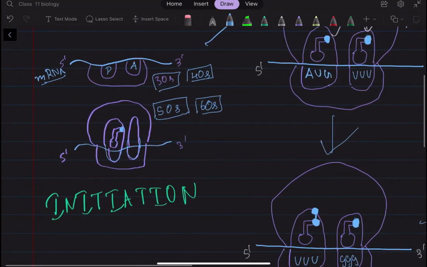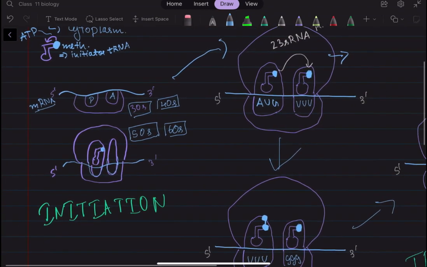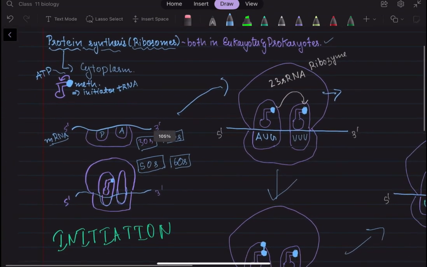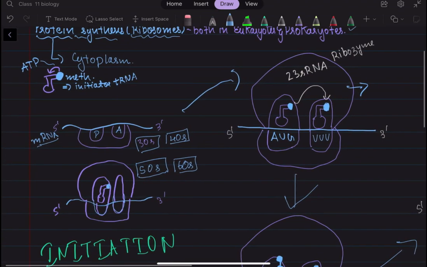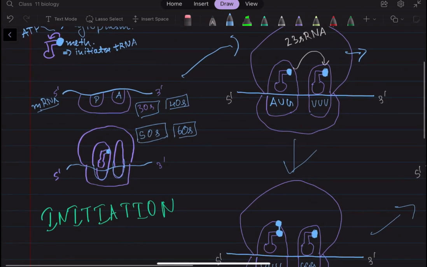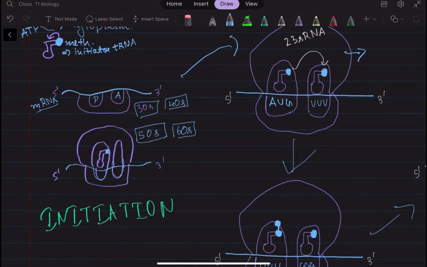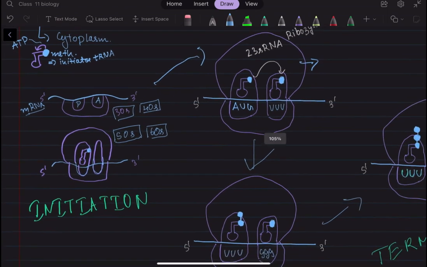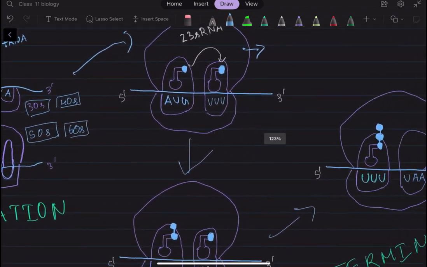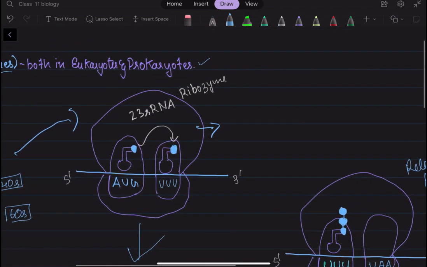So this is basically our initiation process in protein synthesis. In initiation, the charging of tRNA happens, then the smaller subunit first attaches to the mRNA, then the tRNA comes, and then our larger subunit also enters.